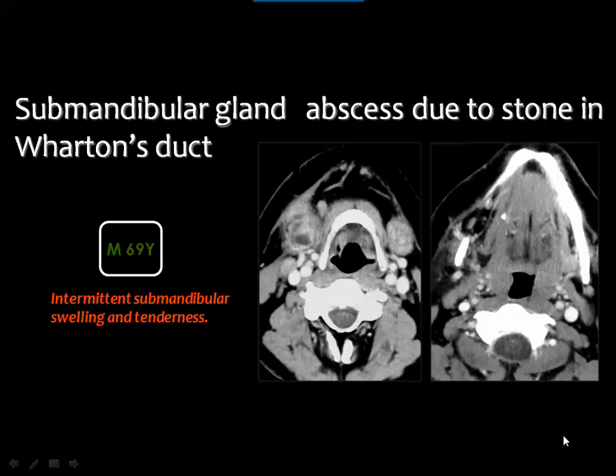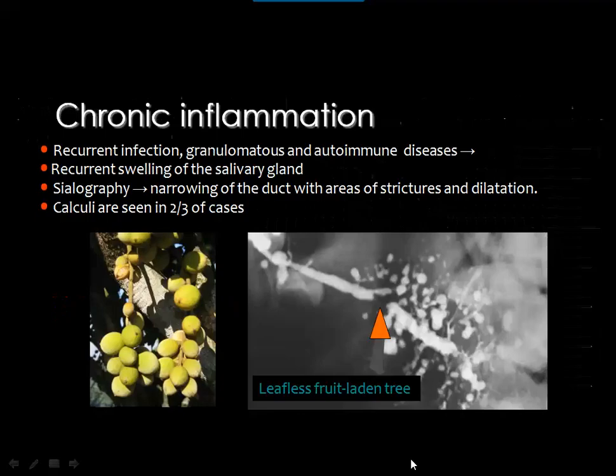But here the gland is enlarged, it is heterogeneously enhanced, the fascial planes adjacent to the gland are thickened, and you see some stranding in the adjacent fat planes. Also, you can see a marginally enhancing lesion within the affected gland, which is characteristic of an abscess formation.